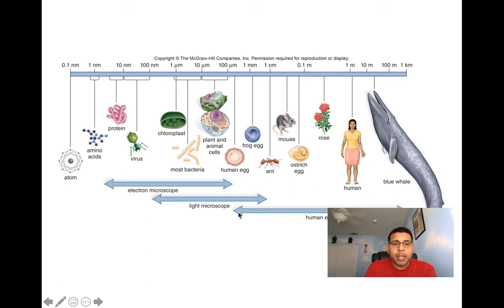Next, it outlines the visual range of light microscopes, and then third, electron microscopes. Here you can see the size of each of the structures, and they're giving you a nice picture as well.